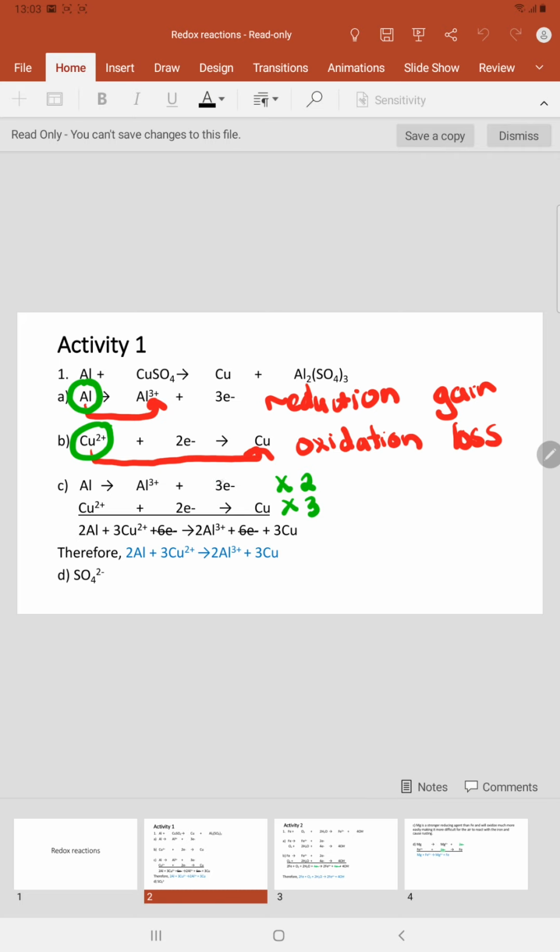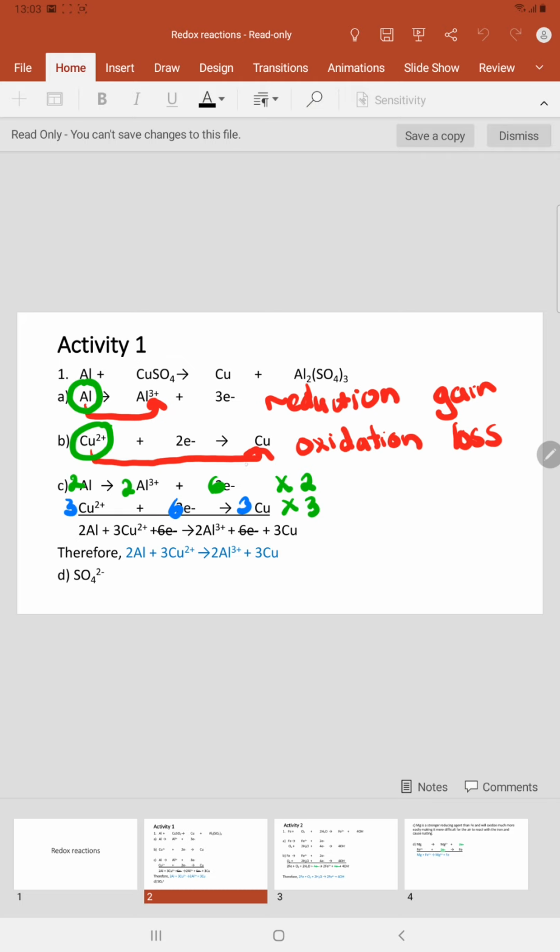That way, we now have 2 Al, 2 Al3+ and 6 electrons. In the next one, we will have 3 Cu2+, 6 electrons and 3 Cu.